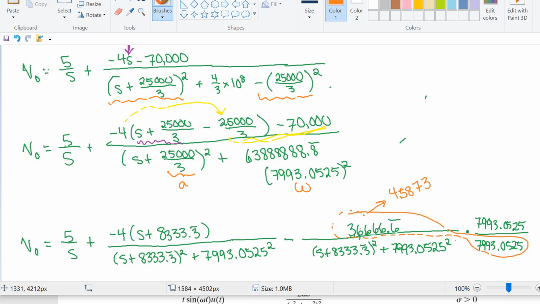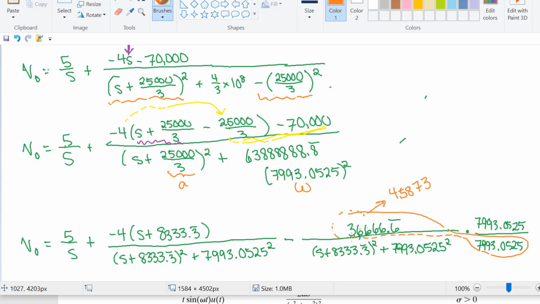Okay, so when I combined the constants in the numerator, the ones that I have kind of the arrows in yellow, the -4 times -25,000 over 3 gave positive 100,000 over 3, and then subtracted 70,000, and that gave me this minus 36,666.6 repeating.